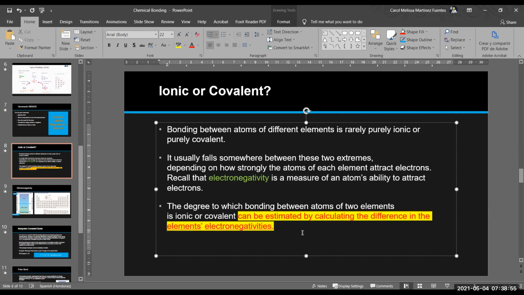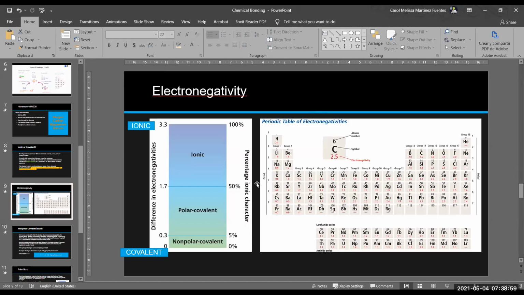Calculating the difference is subtracting the electronegativities between the elements. So let's work with potassium and chlorine. We need to subtract. That's a procedure that we must do for electronegativity.